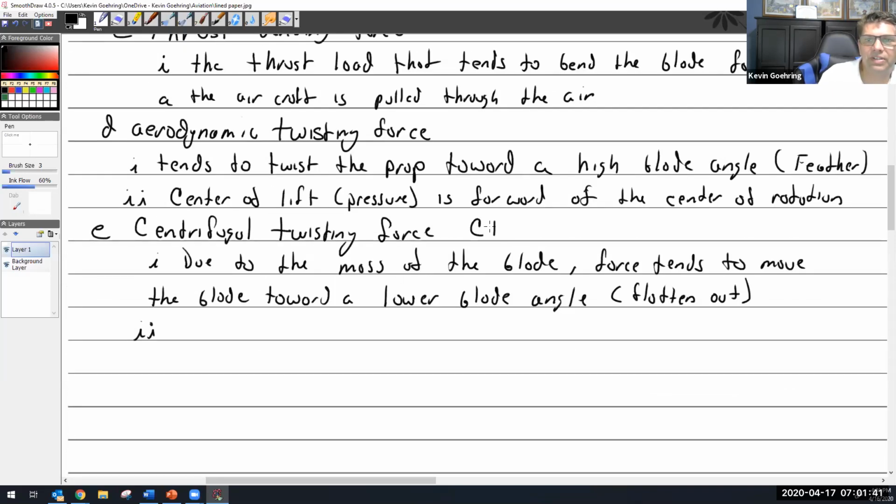I'll abbreviate it CTF because it is a little difficult to write centrifugal twisting force constantly. So CTF is greater than aerodynamic.